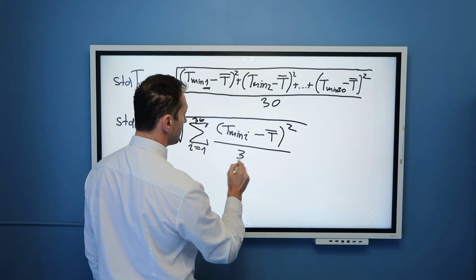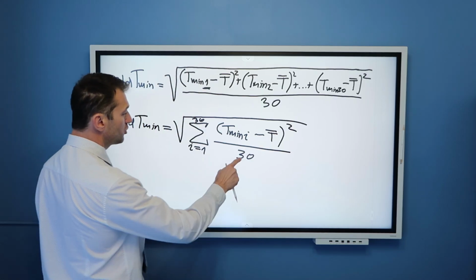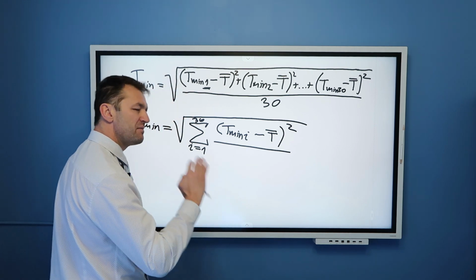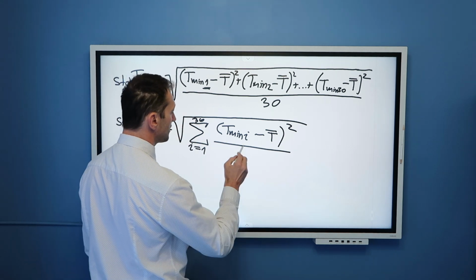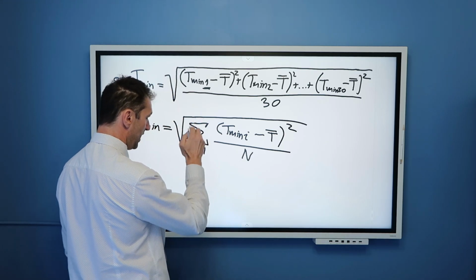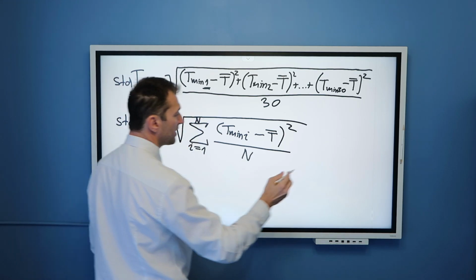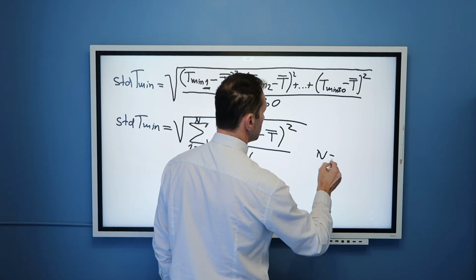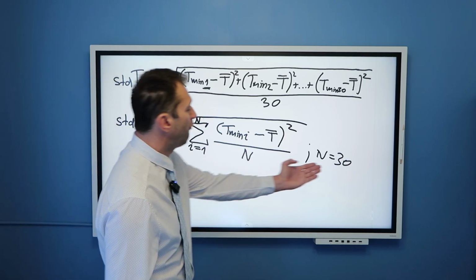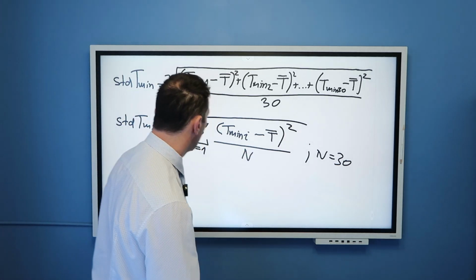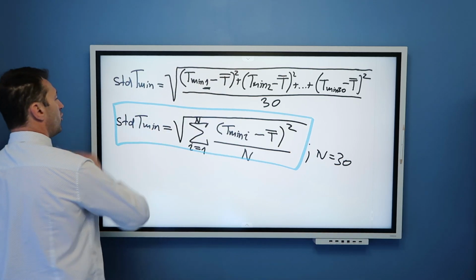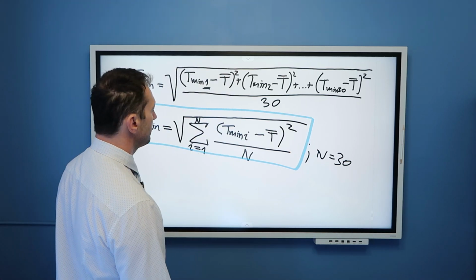But usually, to be more general, because sometimes, rarely, it's not 30 years, we put here n, and we put here also n, but quite often n is equal to 30. So this is more general. If you want 40, then you just put n equal to 40 here. Anyways, this is the equation for standard deviation.